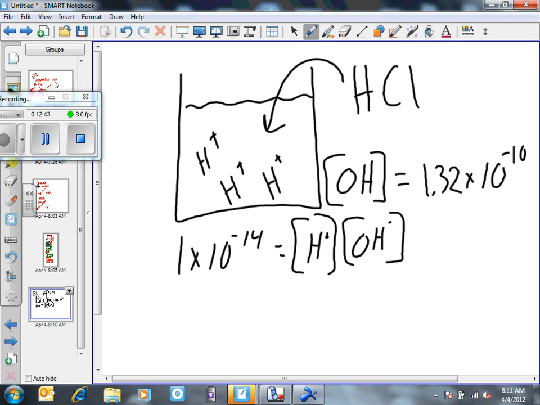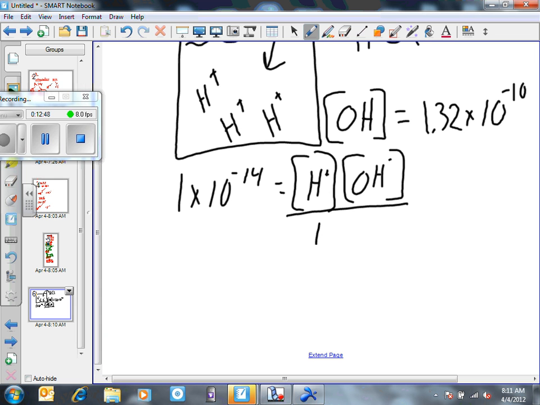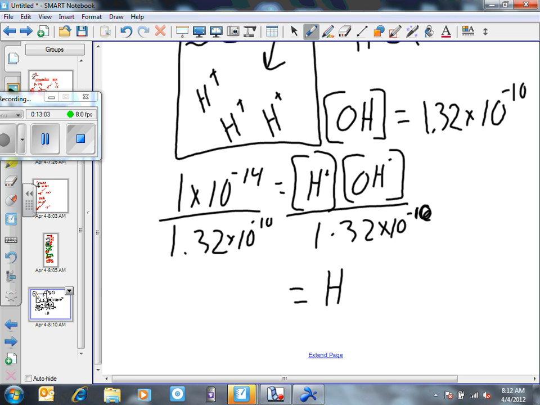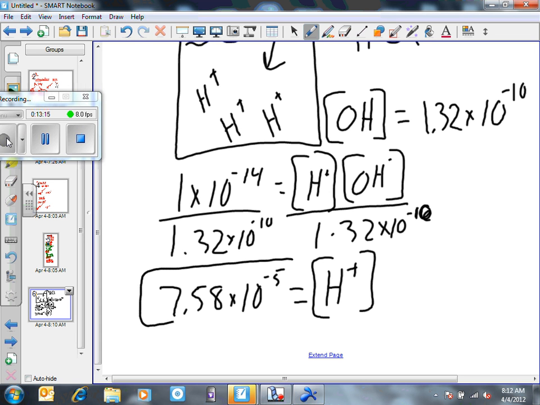And so if I divide both sides by 1.32 times 10 to the negative 10th, I will find out that my hydrogen concentration is 7.58 times 10 to the negative 5th. So that is my hydrogen ion concentration.